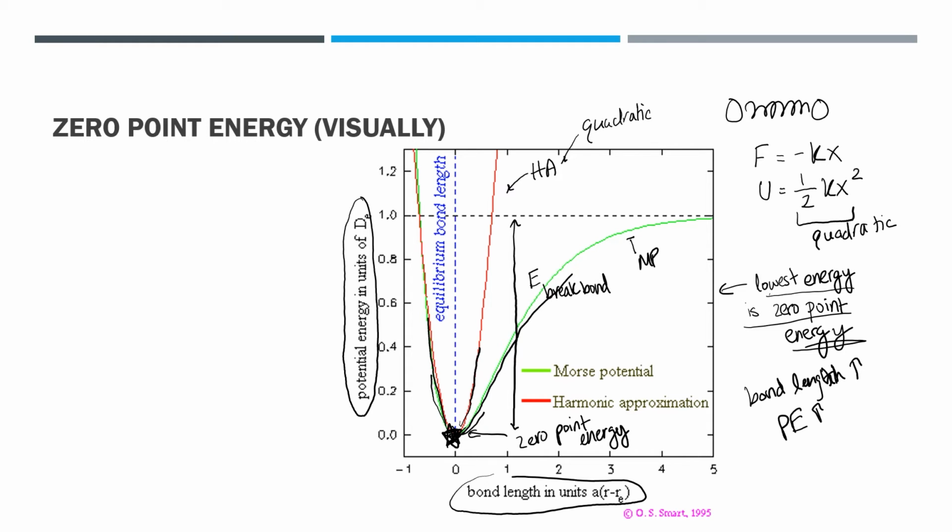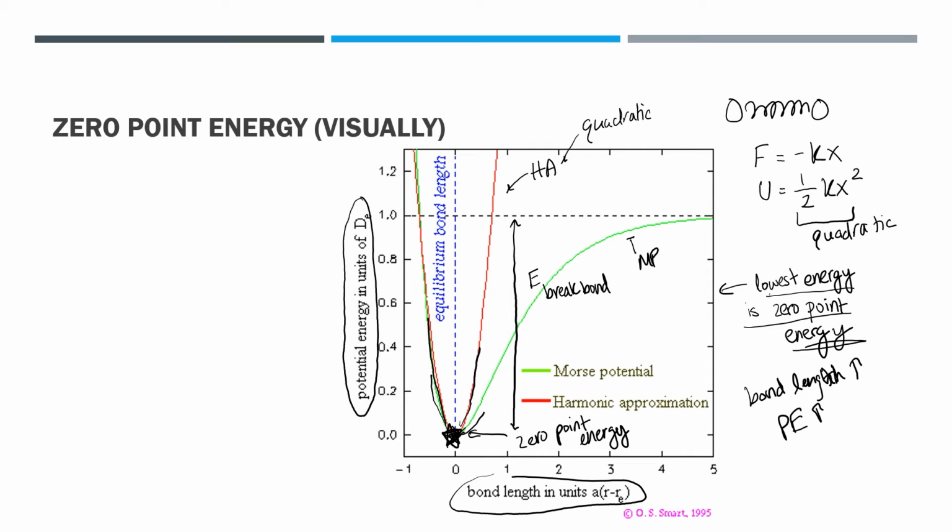That's because this is a quadratic expression, and if our potential equals half times kx squared or some parabola type thing like that, that means that as bond length x goes to infinity, our potential energy is also going to go to infinity. But instead, our Morse potential does something a little bit different, right?